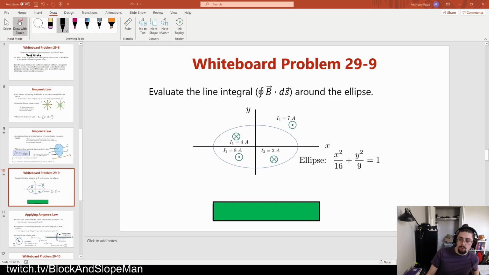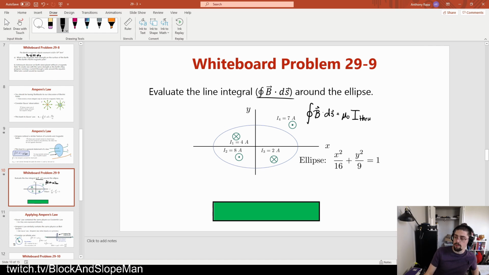All right, so for this one right here, I'm going to use Ampere's law. Ampere's law tells me that the integral around a closed loop of B dot ds is equal to mu naught times I through.